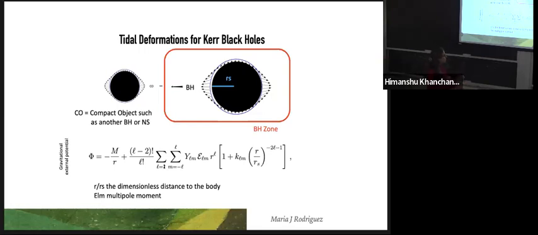Yes, so these k_lm were the ones that people used to describe or characterize stars, and were first described by Love, math professor in Oxford, almost 100 years ago. And this is why we call these tidal coefficients Love numbers, or some people do.